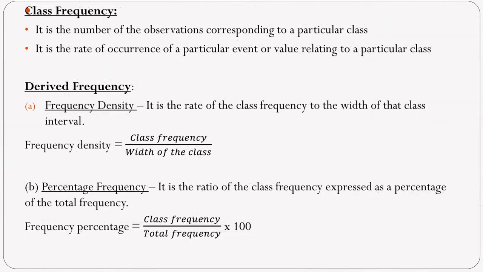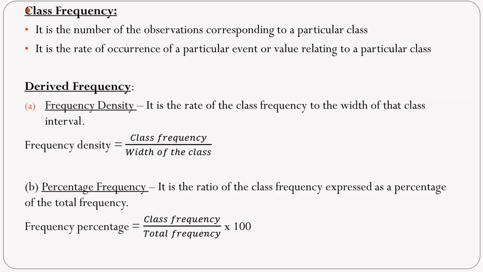Now we need to understand the meaning of class frequency, derived frequency, percentage frequency. Class frequency, as I told you, is the number of observations corresponding to a particular class. How many times it is occurring, we calculate and enter the frequency. It is also said to be the rate of occurrence of a particular event or value relating to a particular class.